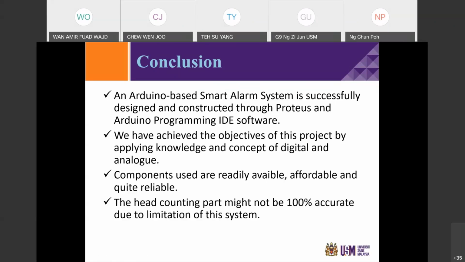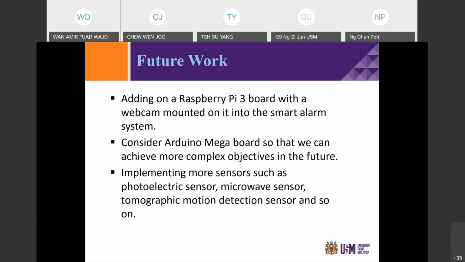By the way, in this mini project, we do not consider this as one of the factors. In the future, we recommend adding a Raspberry Pi 3 board with a webcam mounted on it so that the smart alarm system is able to process human detection, so that the system will only detect humans but not other moving objects, to solve the problem mentioned above.